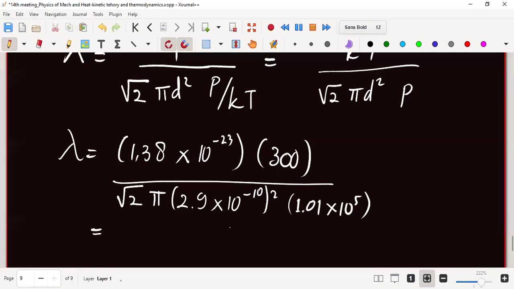So we'll get the mean free path is around 1.1 times 10 to the minus 7 meter.